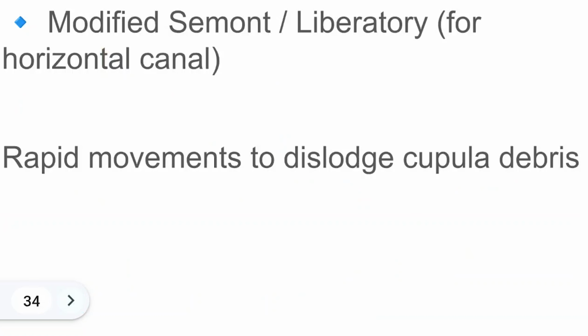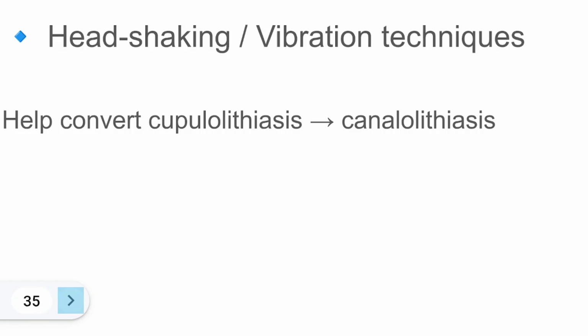In the modified Semont manner, rapid movements have to be done to dislodge the cupula debris. And the last one is the head shaking method, which will convert the cupulolithiasis into canalolithiasis.